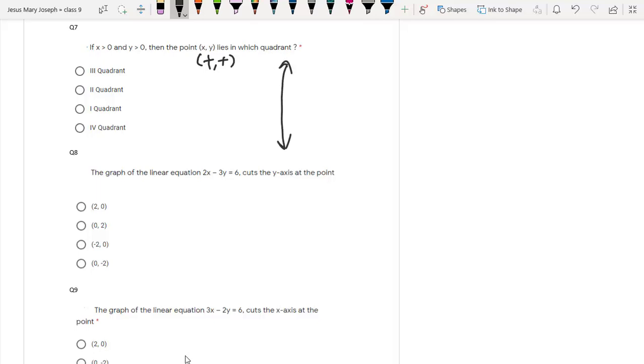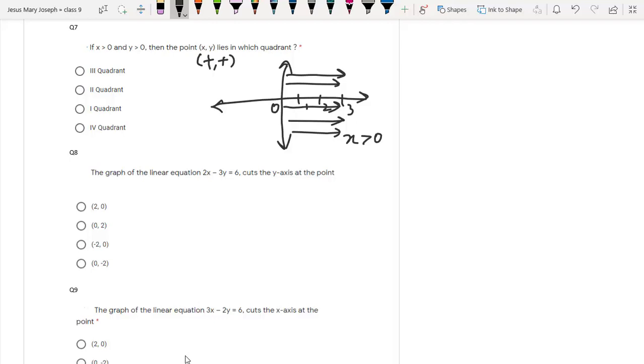If this is the y-axis, this is the x-axis. If someone says x is more than 0, that means you are taking all the positive values of x only, like this. This shows x is more than 0, because this is 0, 1, 2, all these arrows show x more than 0.